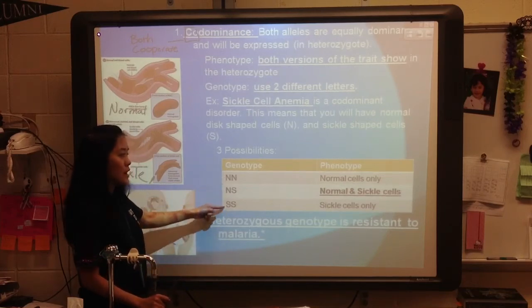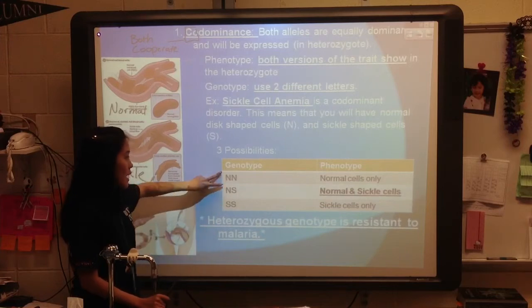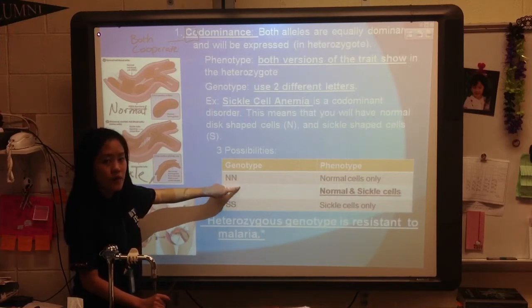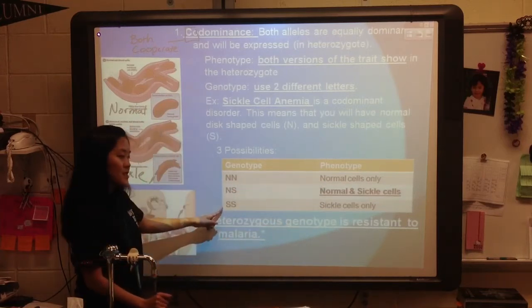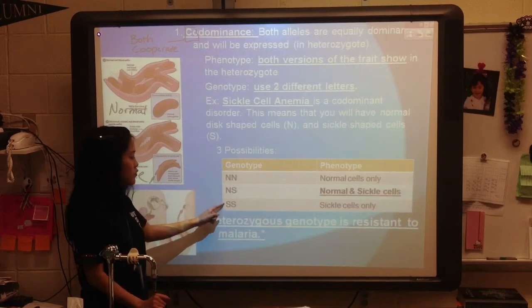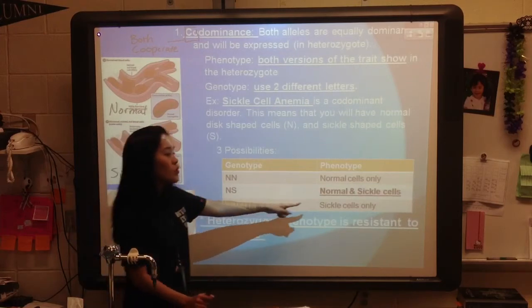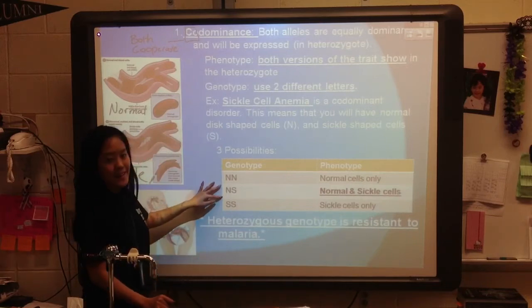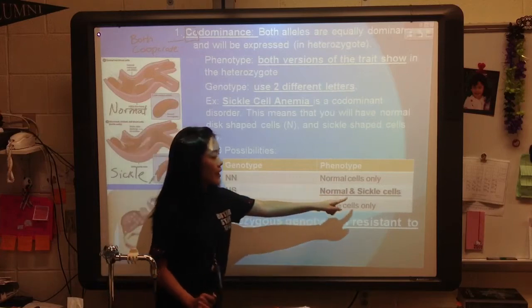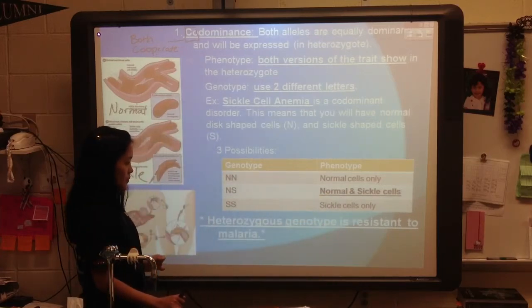They're just homozygous dominant for two different things. NN, if you have both of those alleles from normal cells, that means you'll only have normal cells in your body. If SS, you have two alleles for sickle cells, then you'll only have sickle cells in your body. And NS, normal and sickle, literally means you'll have normal and sickle cells in your body.